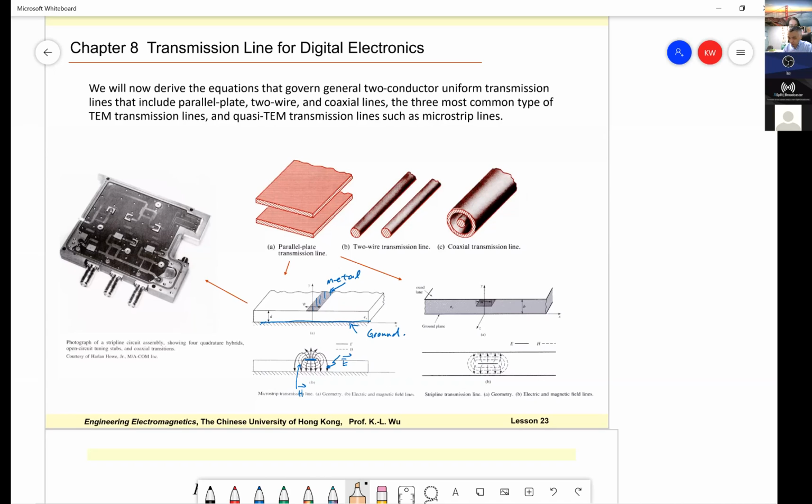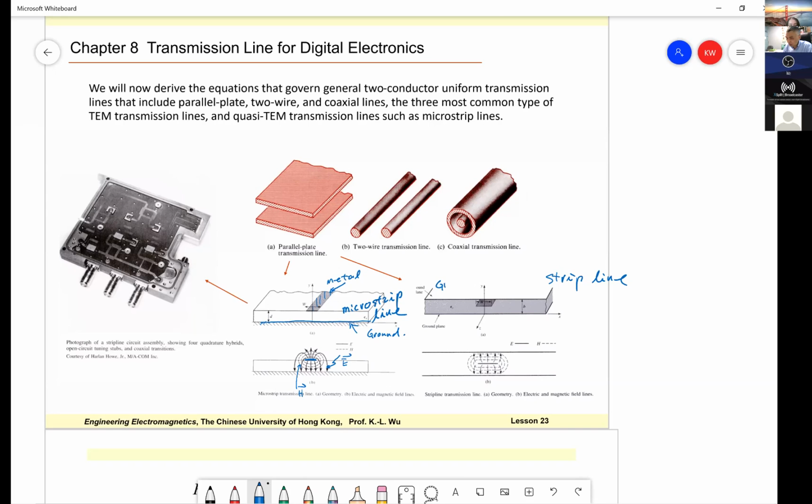For example, we have also another type of transmission line we call strip line. The strip line compared to microstrip line, you see, we have two ground planes.